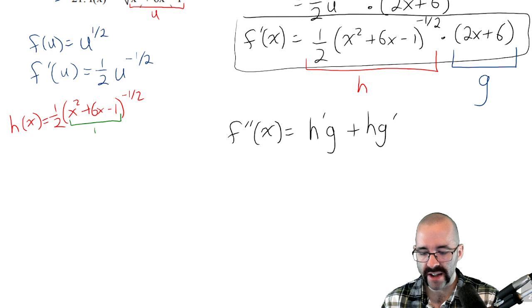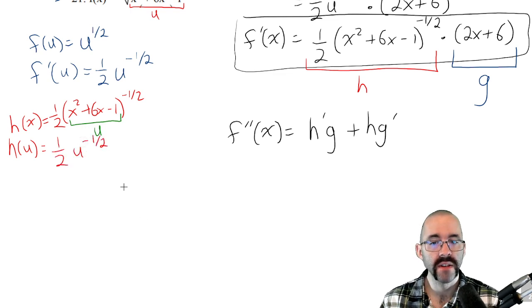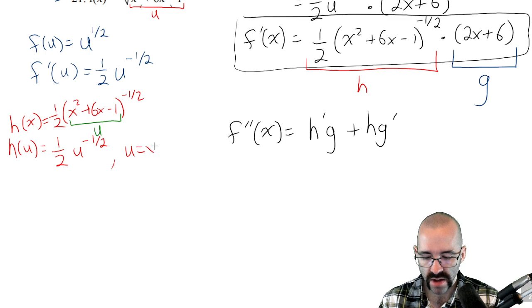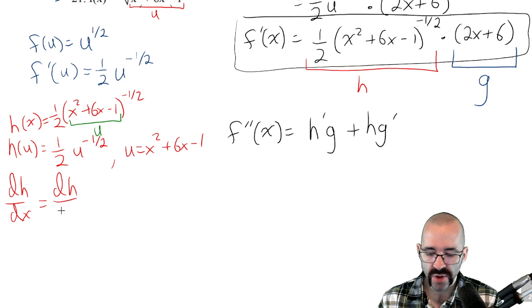So this is our inside function. h of u is just 1/2 of u to the negative 1/2. And we said u was the same u as before, x squared plus 6x minus 1. The derivative of h with respect to x, which is what we want, is the derivative of h with respect to u times the derivative of u with respect to x.